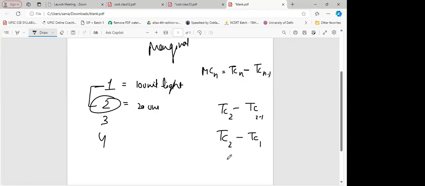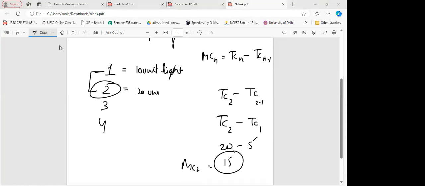So for example, total cost for second was 20 and total cost for first was 5. So your marginal cost is 15. Clear? Got it? Everybody? Okay.